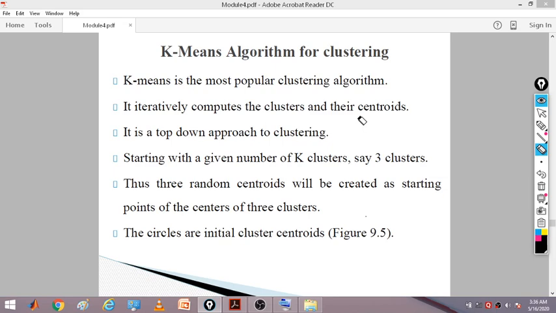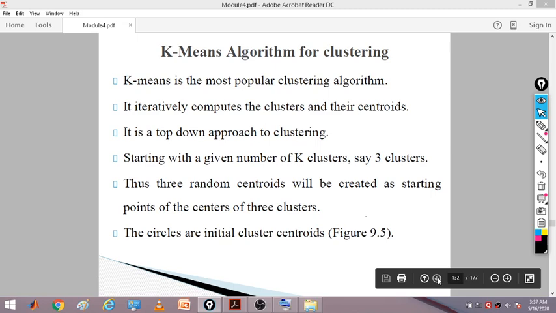Starting with a given number k of clusters, say 3 clusters, 3 main centroids will be created as starting points of the centers of the 3 clusters. These are the initial cluster centroids. So it is a top-down approach.